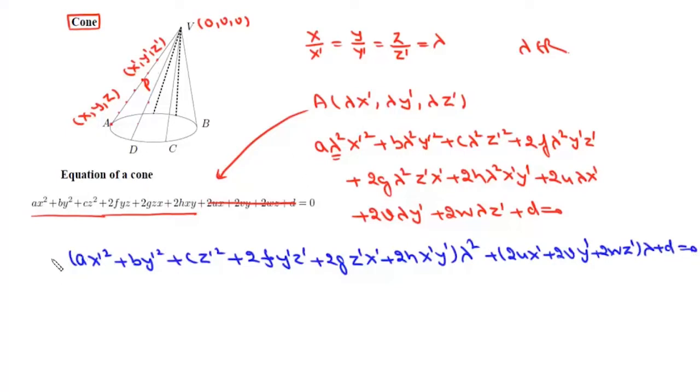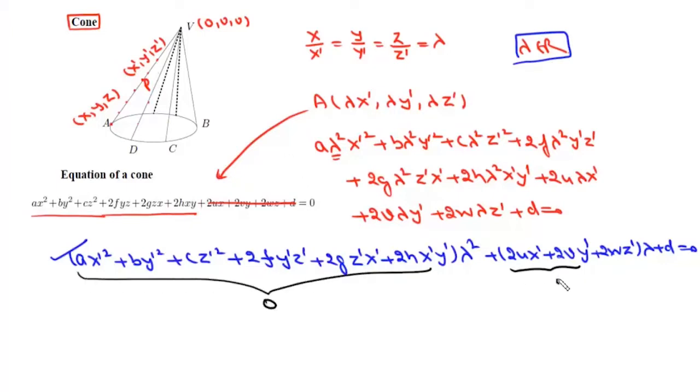Now it is a quadratic equation in lambda, but lambda belongs to R. So we do not have just two values, we have infinite values of lambda. And if a quadratic equation has infinite solutions, that means it becomes an identity, and it becomes an identity if all its coefficients are 0.